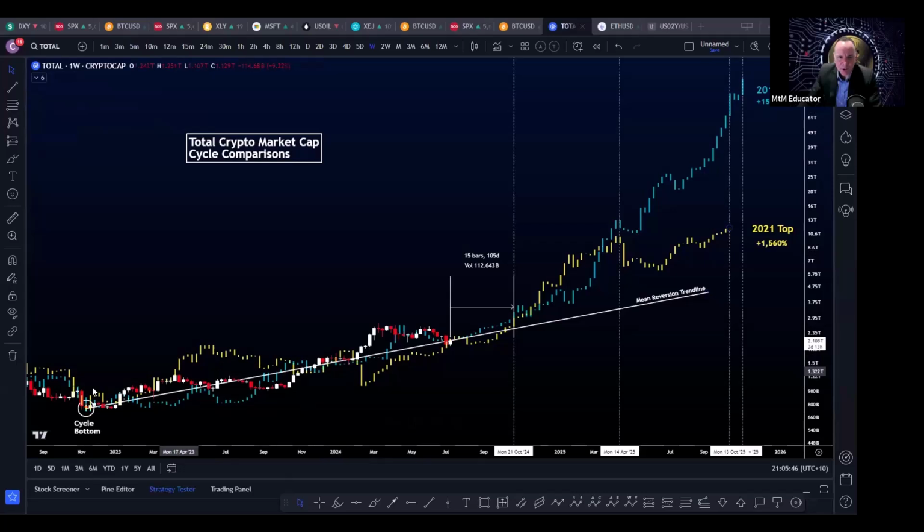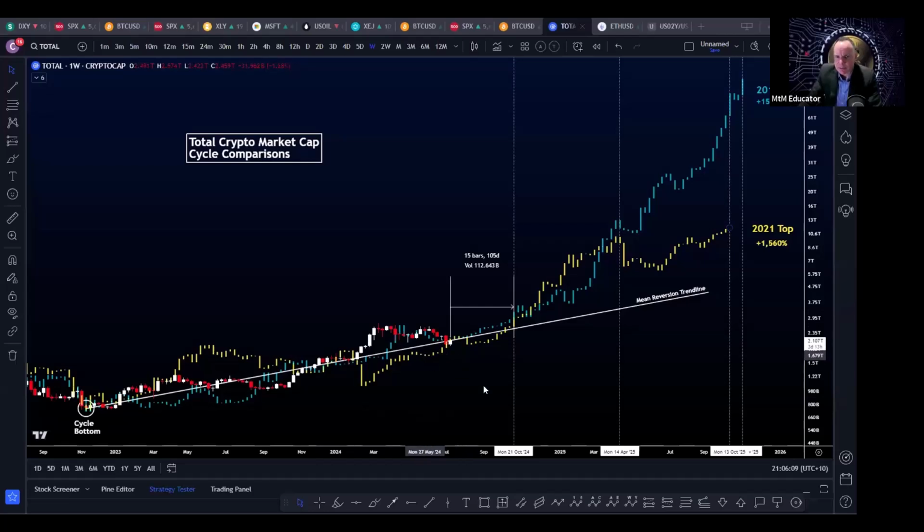In 2020, we outperformed and then we came back. In 2016, we lagged and then we came back. This cycle, we've outperformed with the Bitcoin ETFs and we've come back to the trend line. In 2020, we had the COVID crash, and we came back to the trend line.